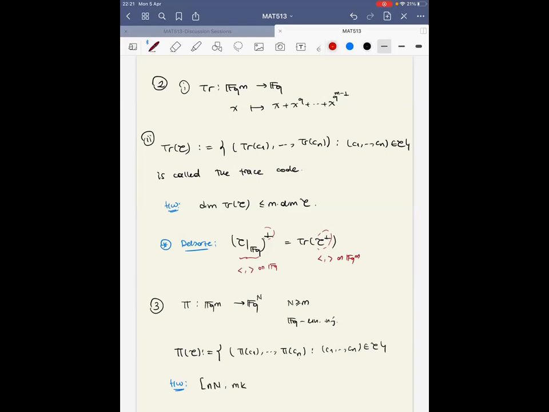And moreover, if we consider this image of pi as a linear code with parameters N, m, and d prime, we can also see that this is called a concatenated code. And in this case, its minimum distance is bounded below by the product of the minimum distance of C and the minimum distance of the image of pi.